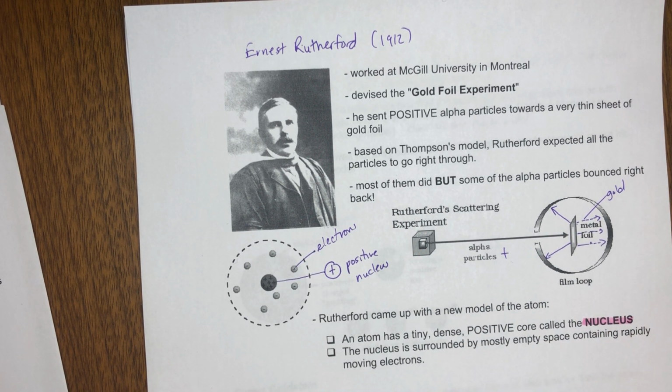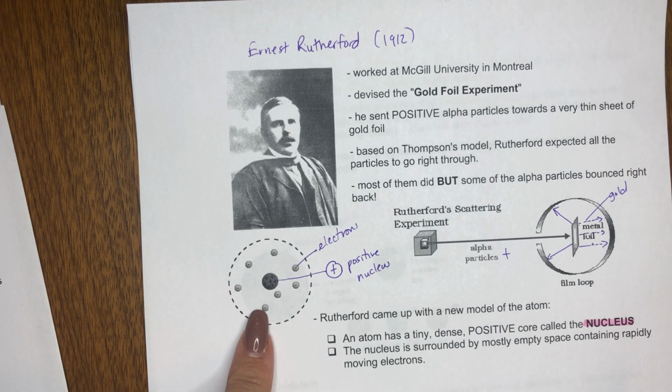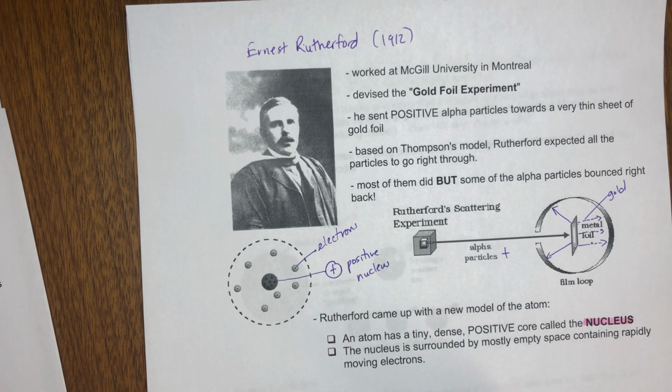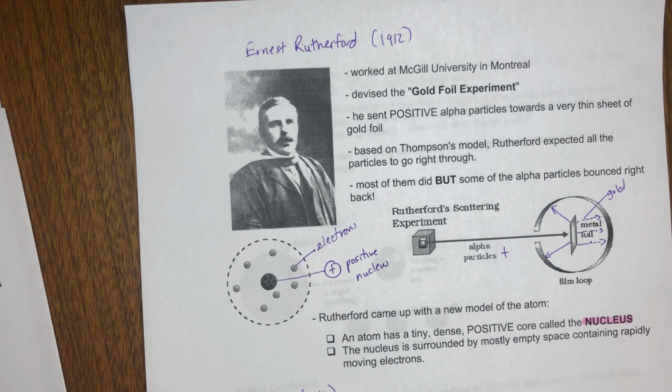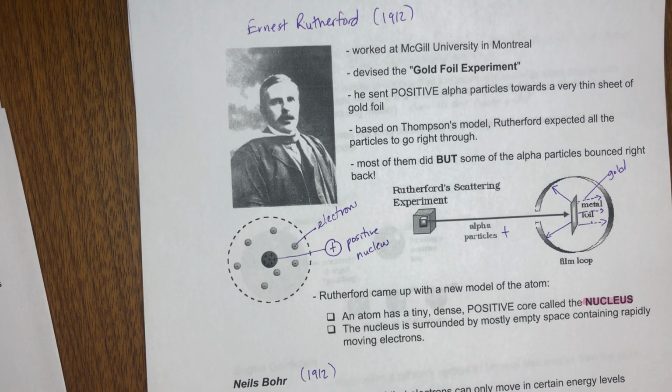Now, what would be the problem with this model? Well, negative charges are attracted to positives, so the atom would implode on itself. So we needed a better model. And it wasn't long after that Bohr, who worked with Rutherford, found that electrons were actually on energy levels.